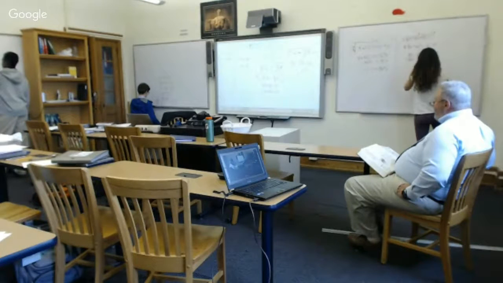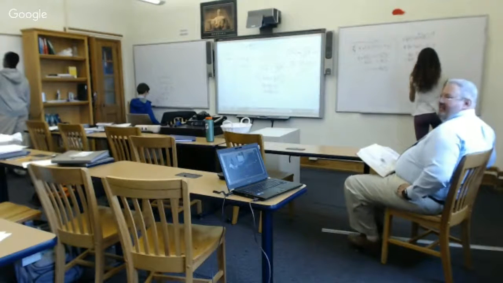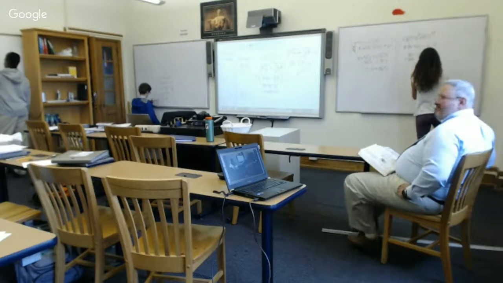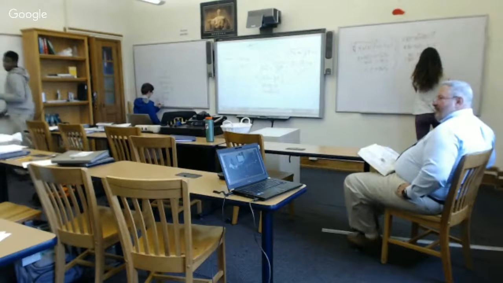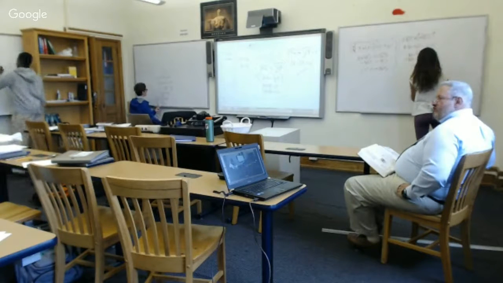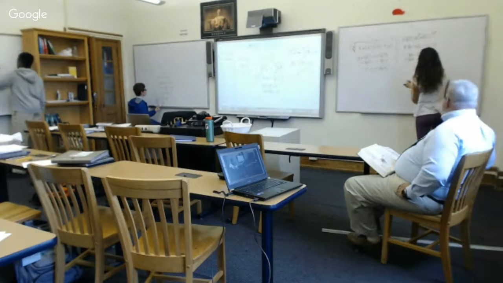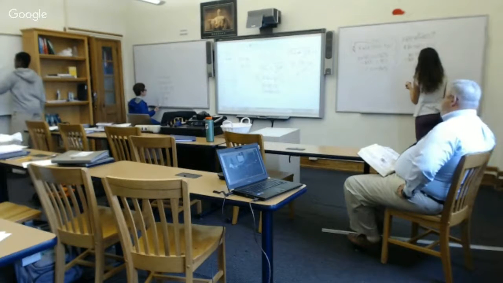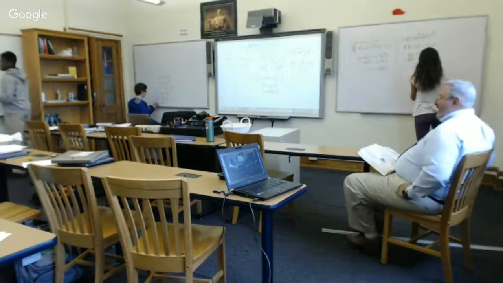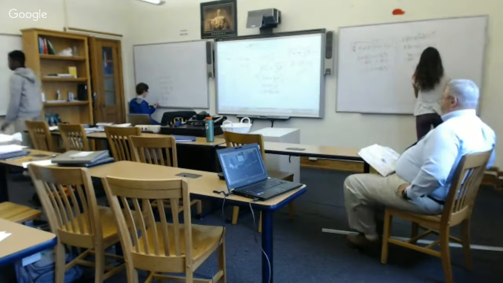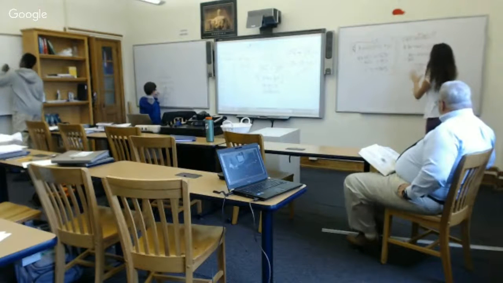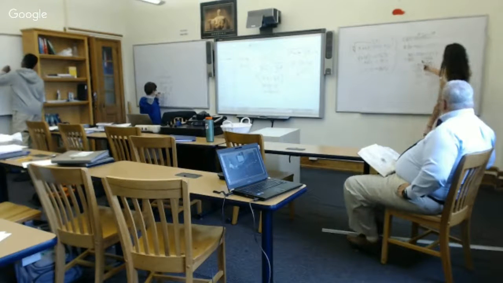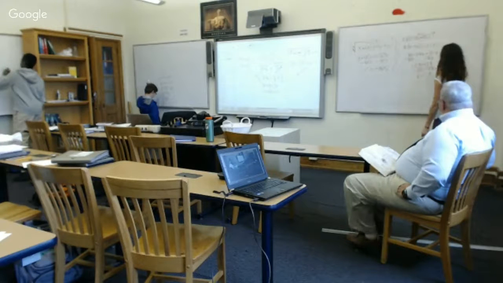Wait, so is the answer 78 over 23? Yes, it is. I actually got to plug that back in. But isn't it negative? You should get 78 over 23. Isn't it over negative 23? Then you should have a negative 78. You have 2 minus 80 up there, so negative 78.